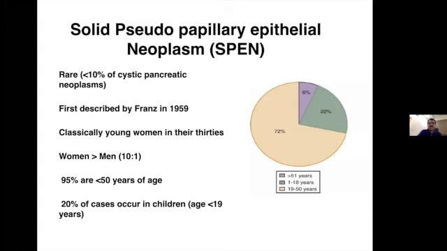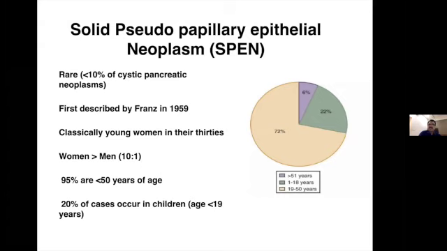It represents less than 10% of cystic neoplasms, and it was first described in 1959, but the characterizations were all done in the late 80s. It is classically seen in women in their 30s, and the patients are almost only women, because there is some involvement of progesterone receptors described in solid pseudopapillary neoplasm.